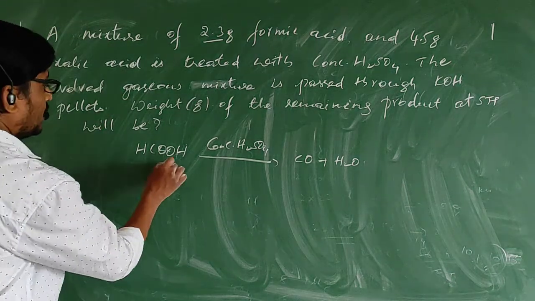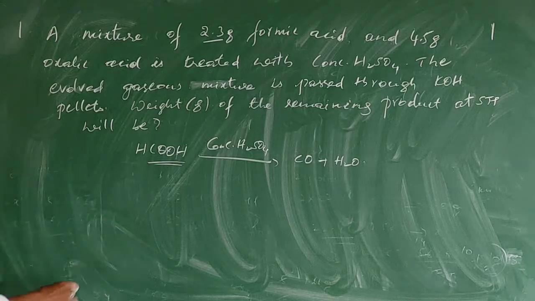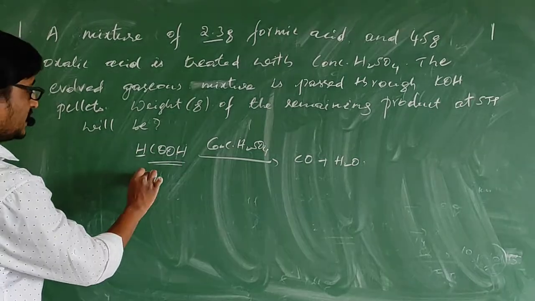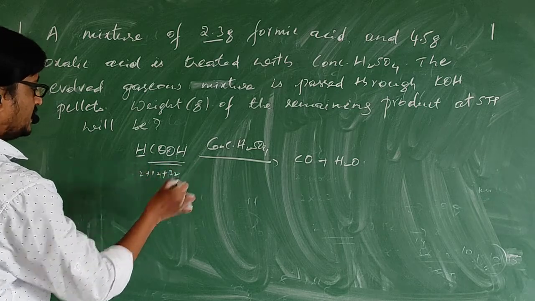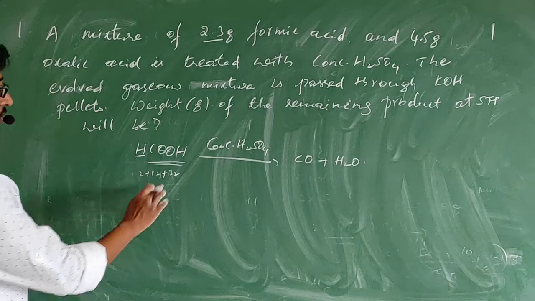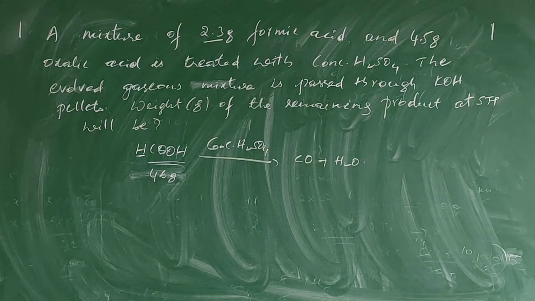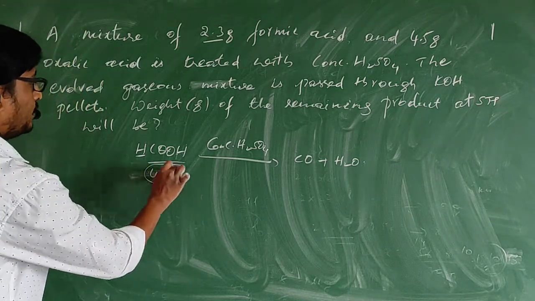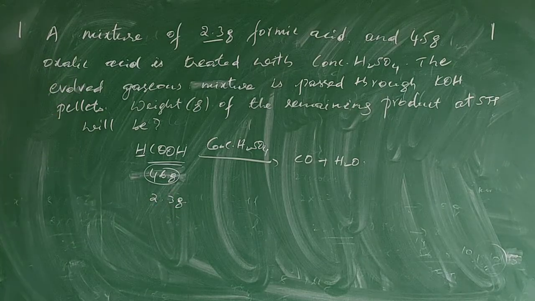So what is the molar mass of formic acid? Hydrogen 1, 2 hydrogens are there, 2, plus carbon is 12, 2 oxygens 32. Total it will be 46 grams. So this is the molar mass. But in the question he has given only 2.3 grams.